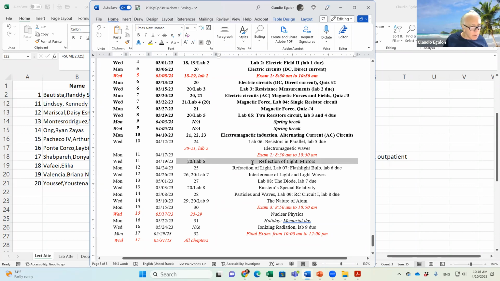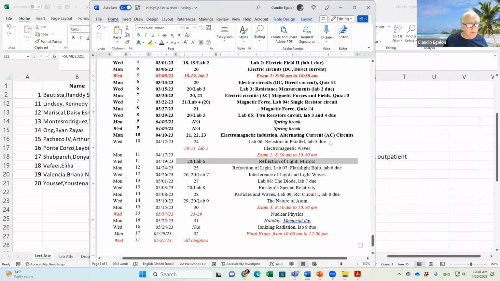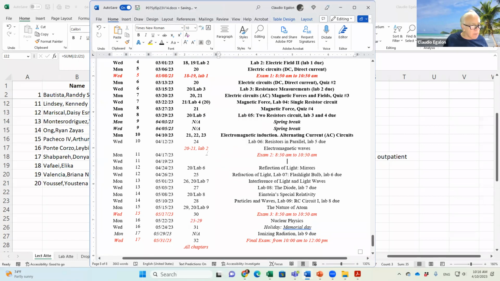Let's see. Insert cells. Shift cells down. Okay, now we're in good shape.